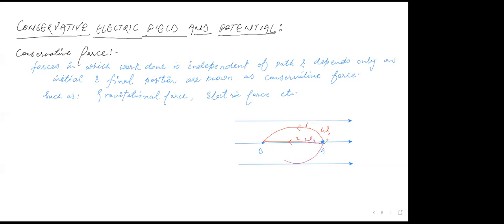And when it is carried by this path, the work done is W3. Then W1, W2, and W3 from A to B are all the integral of minus QE dot dr. Note it down, please.